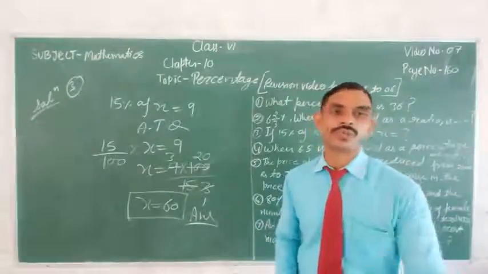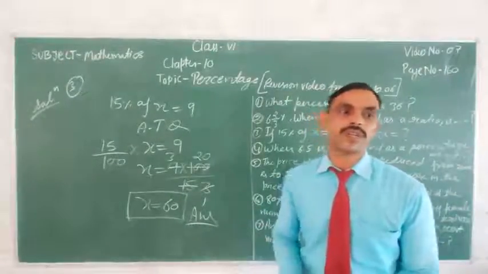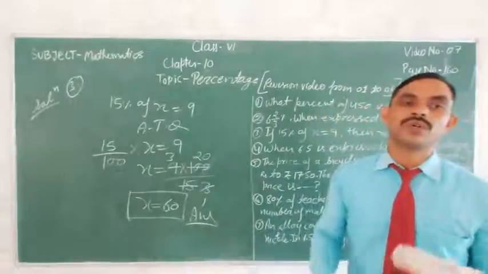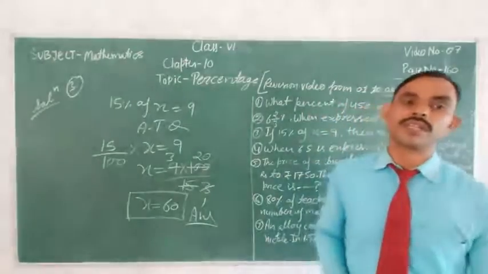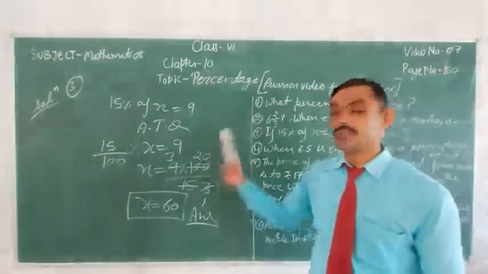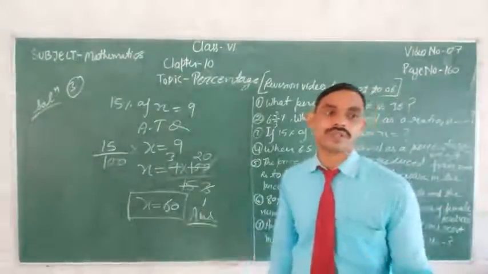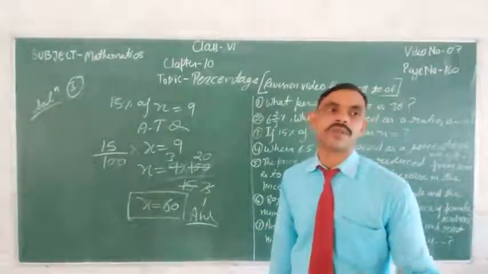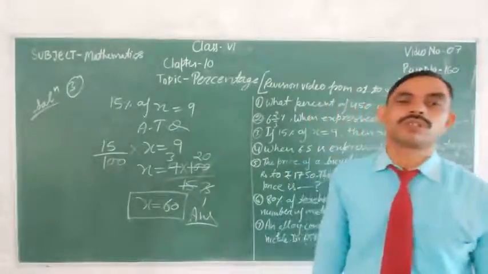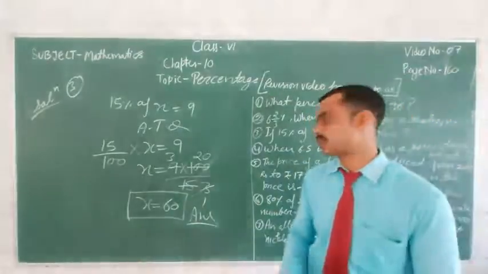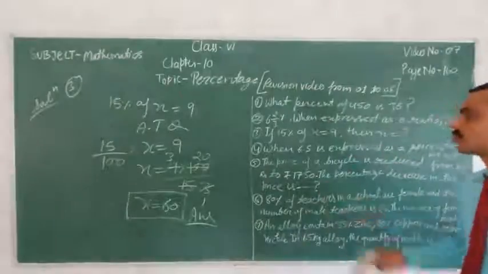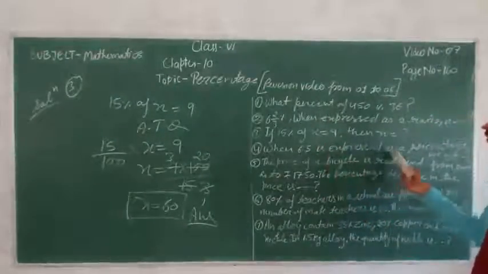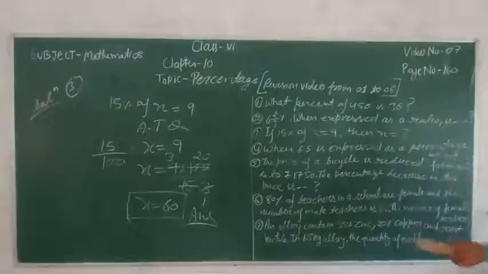Now in fourth sum it is like that, we are going to just convert a decimal into percentage. Till third question we have done, we will find out the percentage into ratio and decimal. So fourth one is when 6.5 is expressed as a percentage, so we get what?